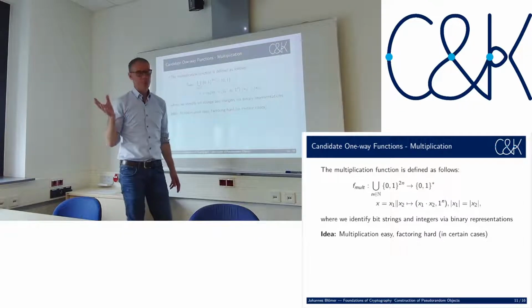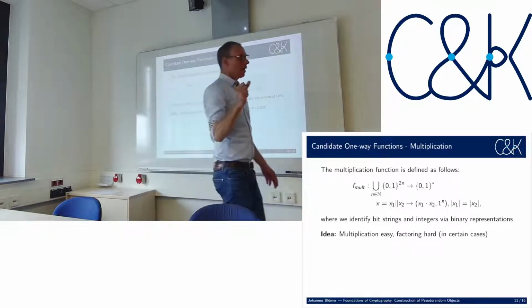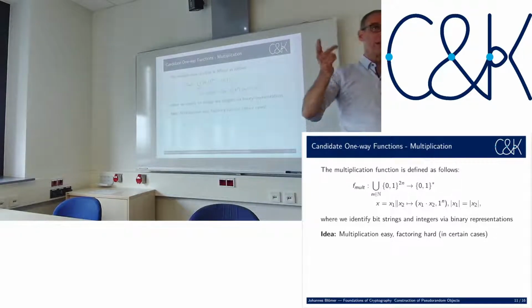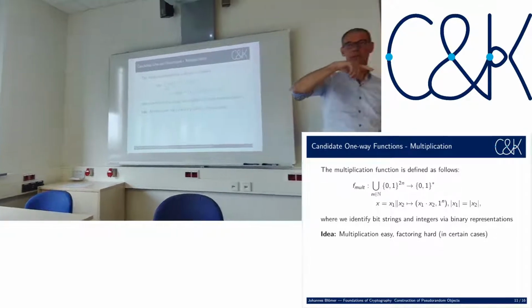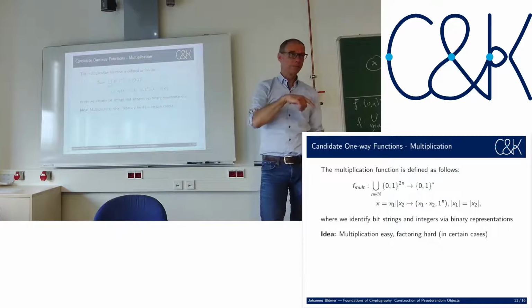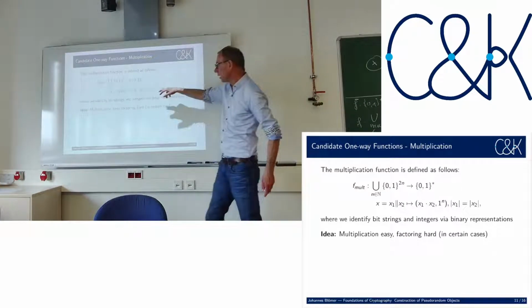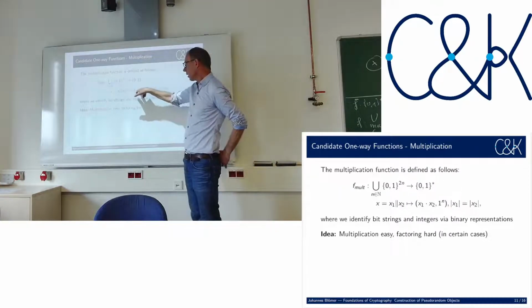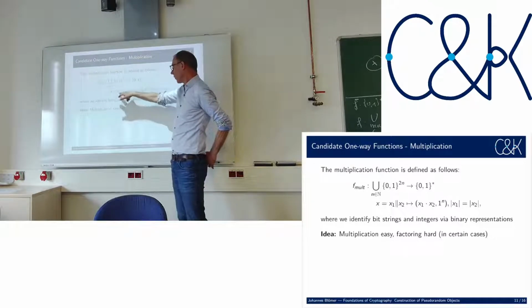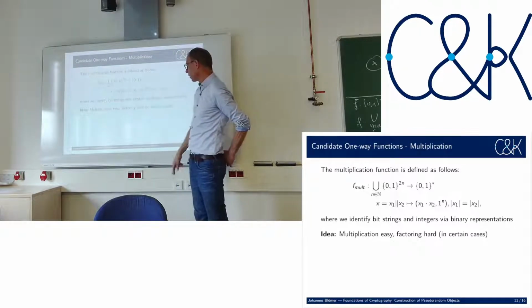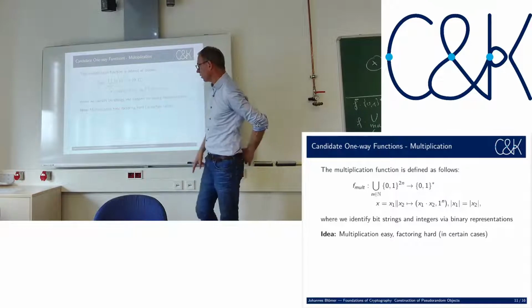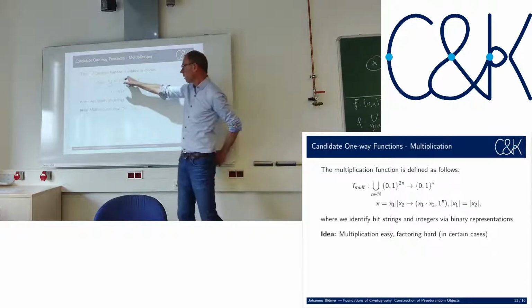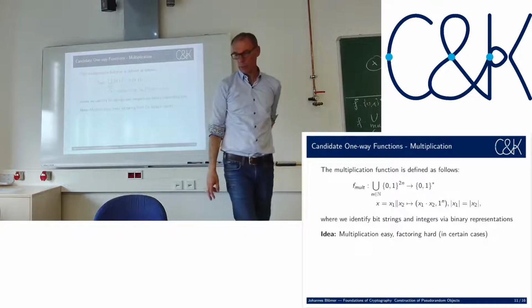It's just a simplification. It's there to exclude too many easy cases in the inverting game. Okay, so the output is the product of the two components and this 1^n. And here the two components should be of the same length. That's why we restricted to 2n.